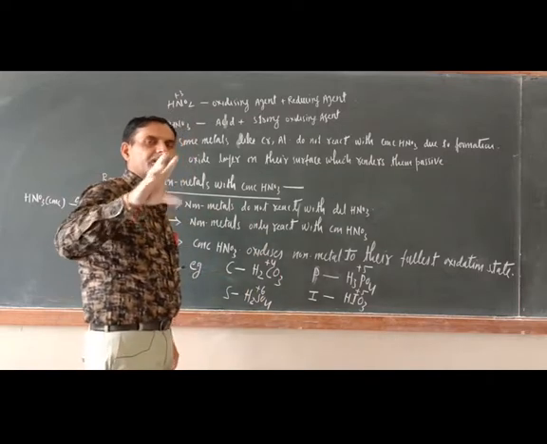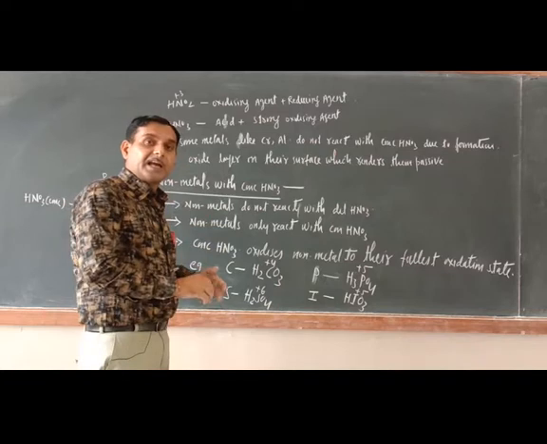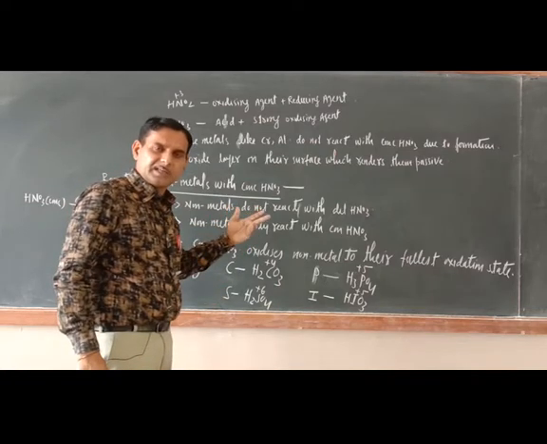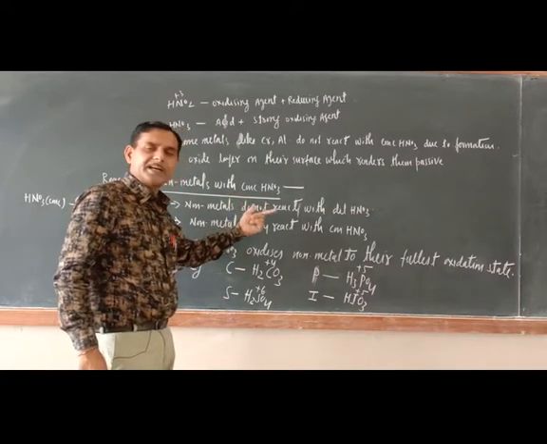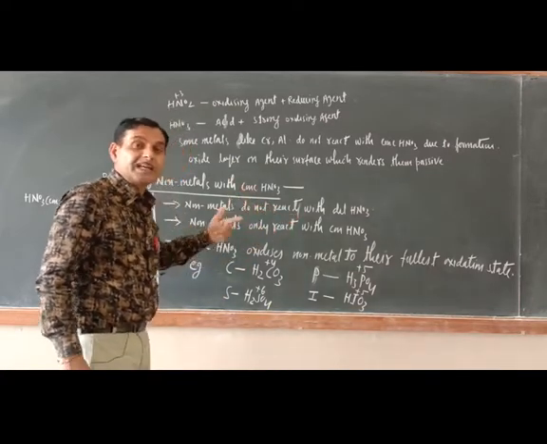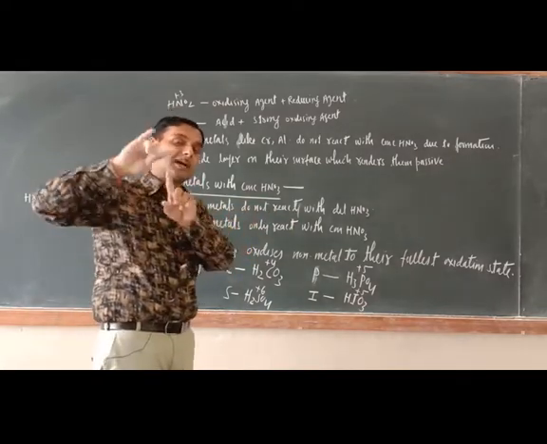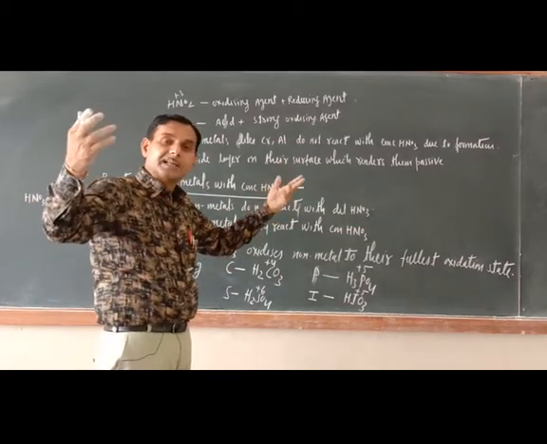Am I correct or not? Non-metals are strong oxidizing agents, and HNO3 is also an oxidizing agent only. Am I correct or not? So now try to understand, if you take dilute, both will have the strength. Non-metals are good oxidizing agents, and dilute HNO3 is also a very good oxidizing agent.